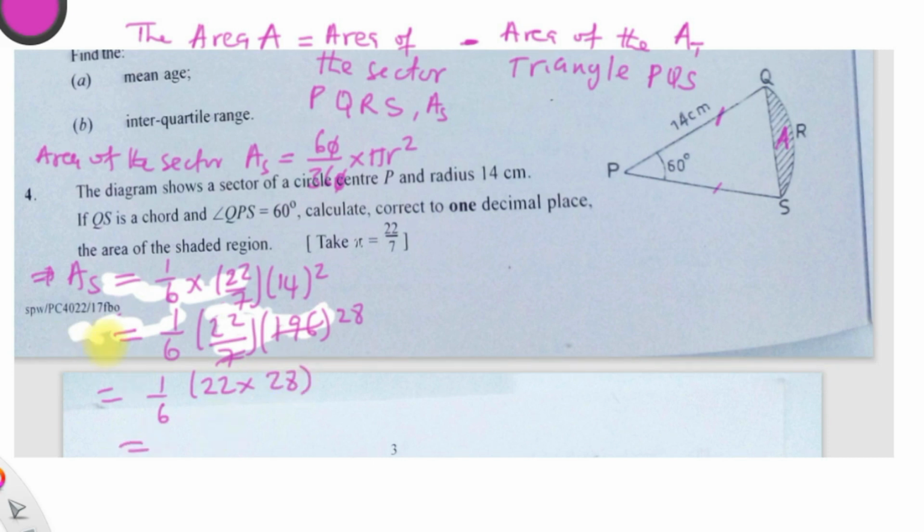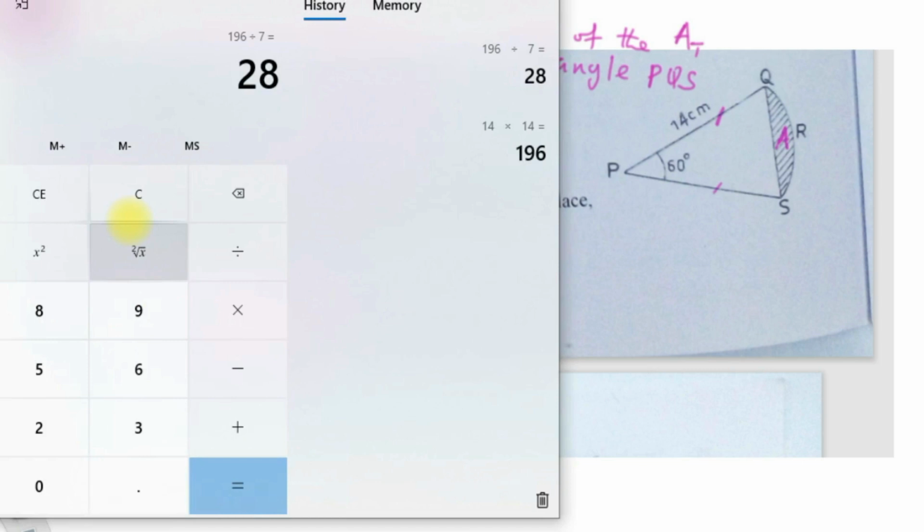Okay, so we have 28 times 22, which is equal to 660. Okay, fine. So 660.